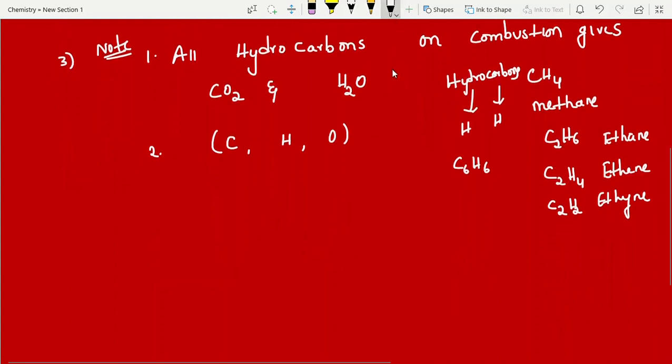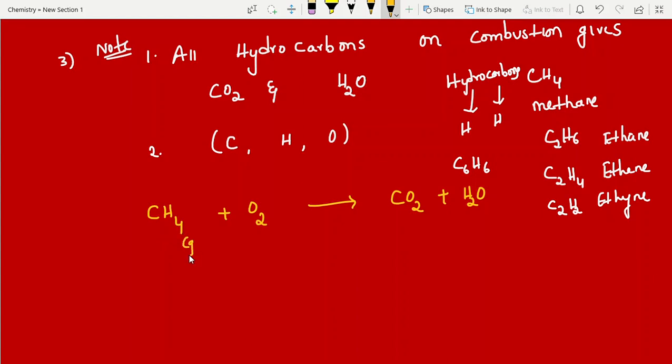See the first one, students, methane. This is one of the frequently asked questions. Methane on combustion. Who will support combustion? Oxygen, right? CO2 plus water, right? Now see, this is in gaseous state, this is in gaseous state. Physical state also plays an important role. It is in liquid state, gaseous state. Now see students, here carbons are balanced, hydrogens here 4 balanced, 2 twos are 4, right?